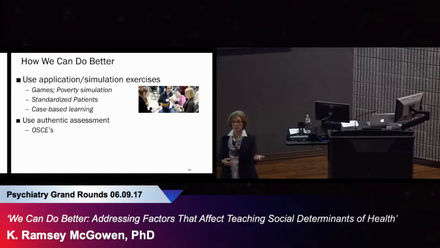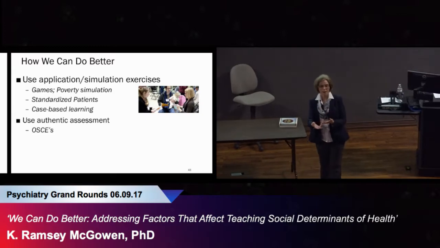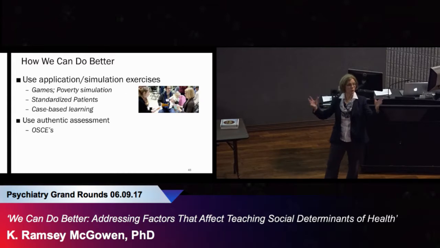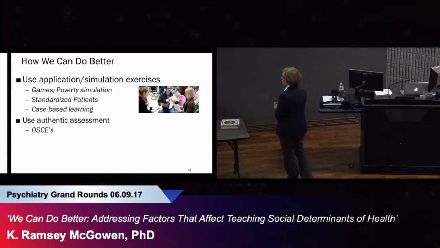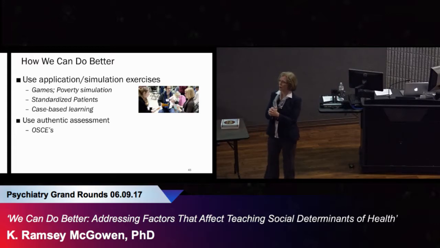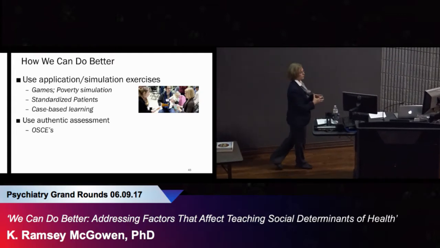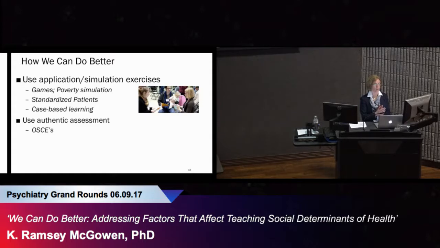They may be rich, they may be poor, they may have certain resources, they may have a broken down car or a good car, but they're assigned a role, and then you set up a mock community and give them assignments to try to negotiate through the system. It's very enlightening. If you ever get a chance to do it, people walk away with a profound appreciation of how social experiences affect what they do: choices they make, experiences they have, the health opportunities that they experience.